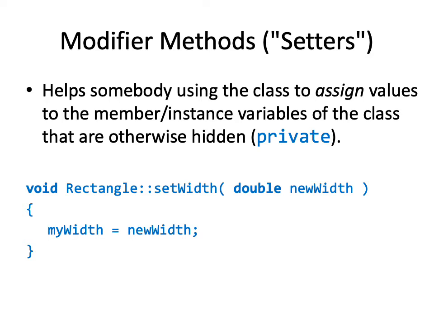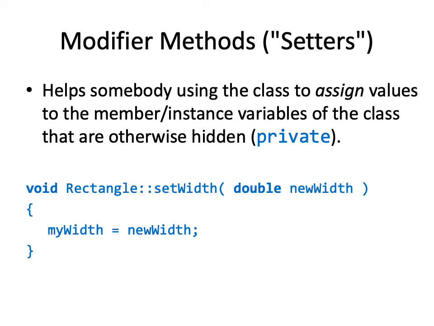This is why we would make sure that these variables are private. If you wanted to make sure that your rectangle doesn't have negative values, you could do that by hiding those values away from everybody else. So they couldn't just do someRect.myWidth equals -10, some horrific negative value.